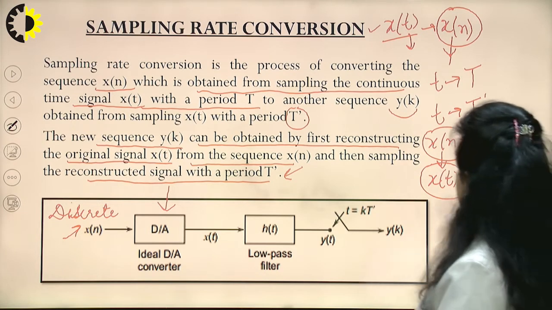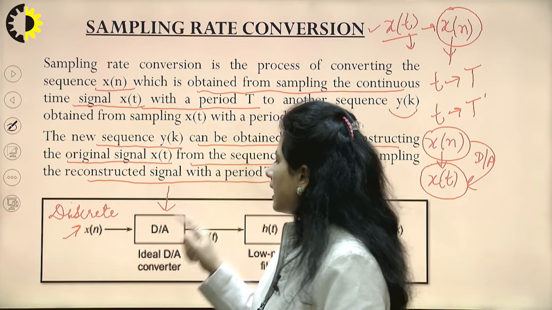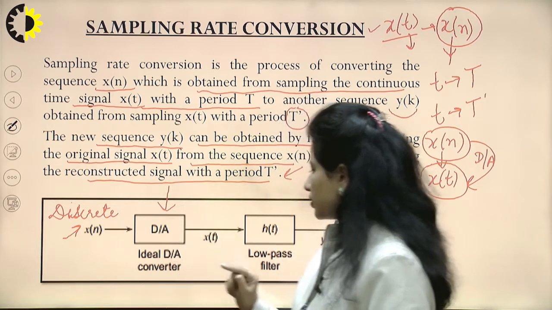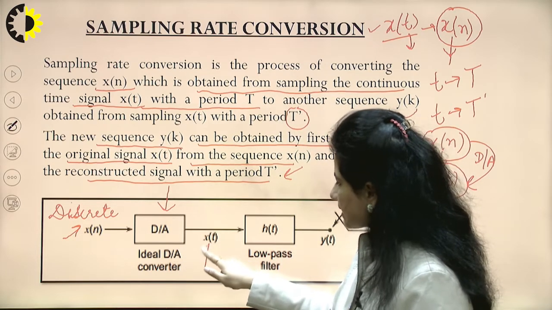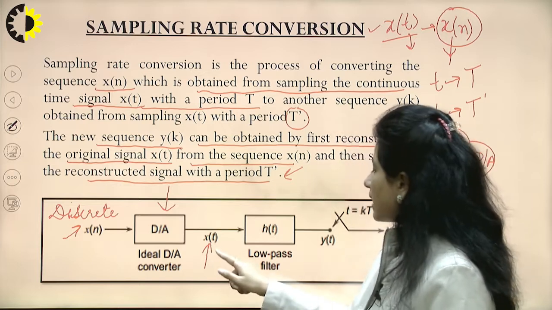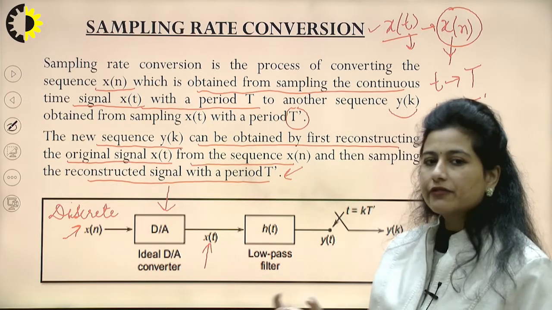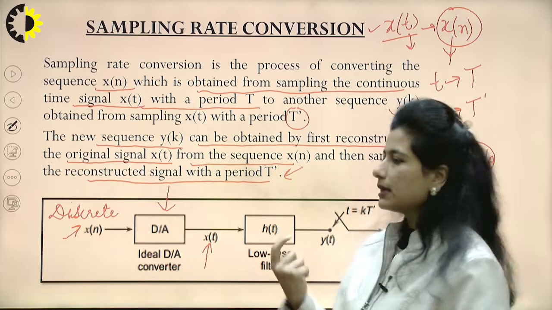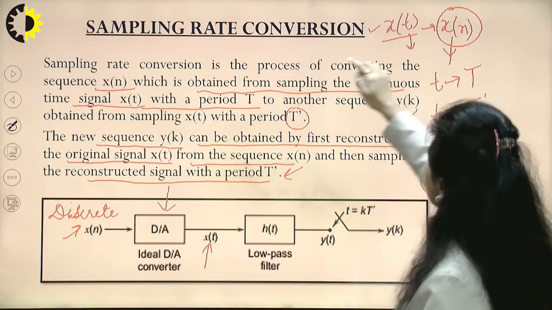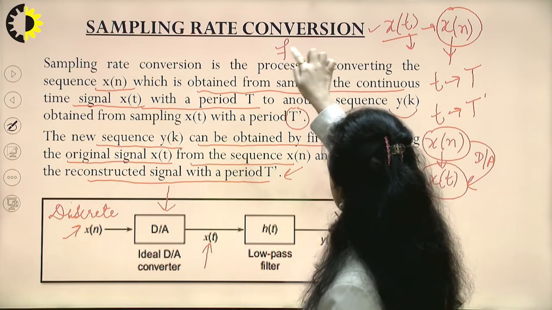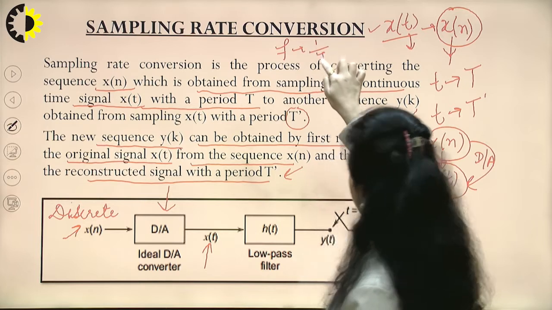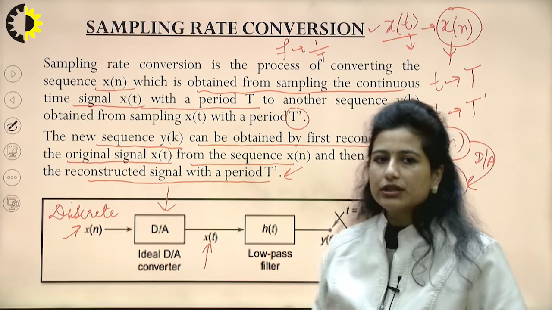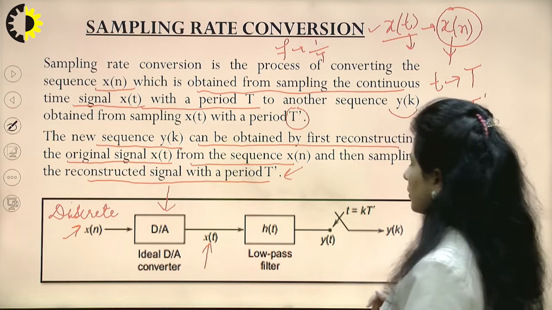That's why in this block diagram, the first thing is performing D2A conversion and getting x(t). Now I have to resample this at a different frequency. Frequency and time are reciprocal to each other, so I can talk about frequency or about time; both are changed in the process of sampling rate conversion.